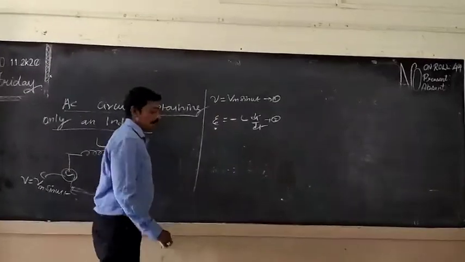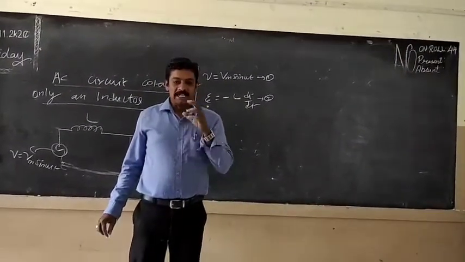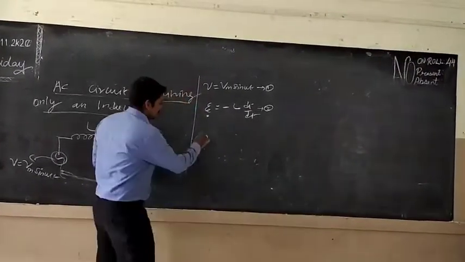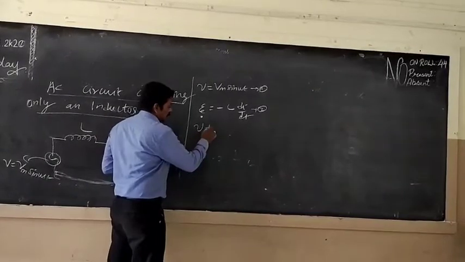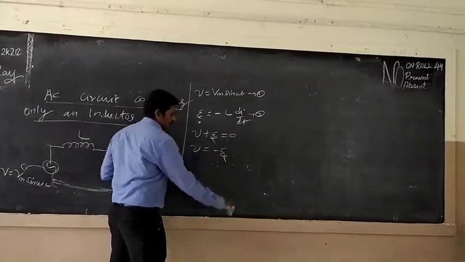We know that according to Kirchhoff's law, the algebraic sum of the voltage in a closed circuit is equal to 0. That is, instantaneous voltage plus induced EMF is equal to 0, or V is equal to minus epsilon.